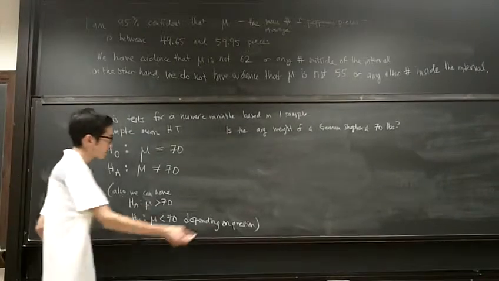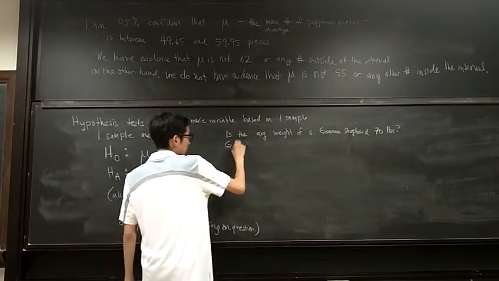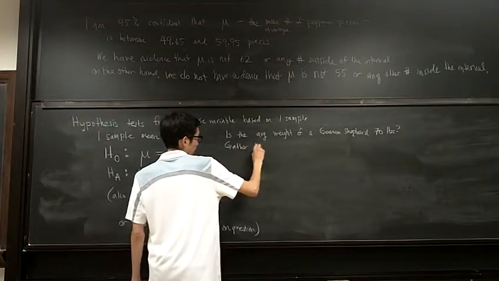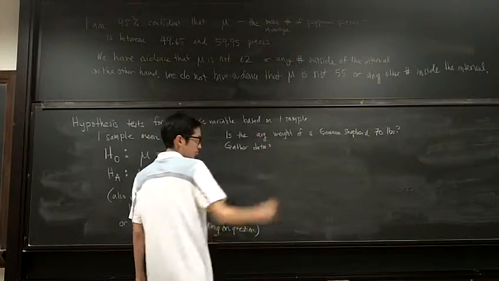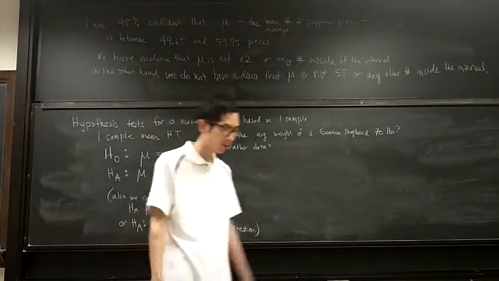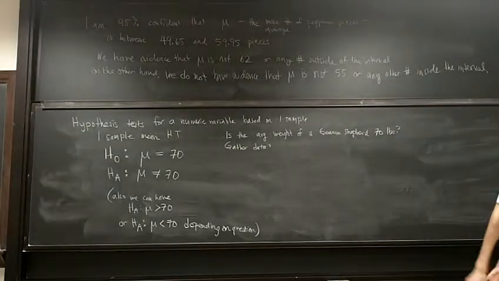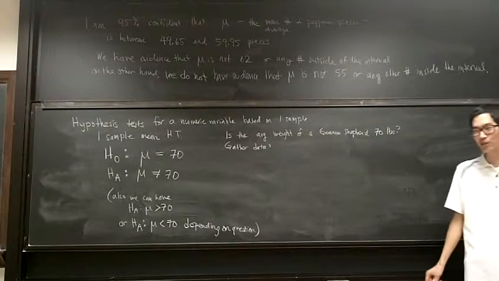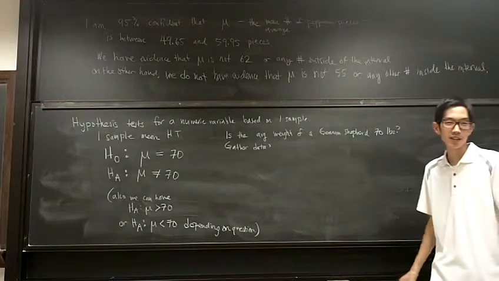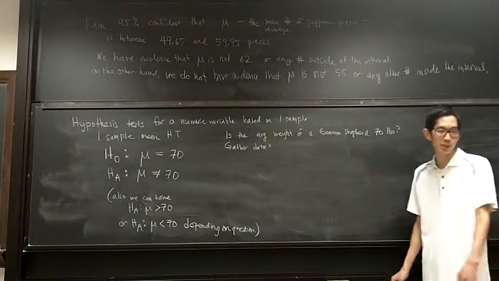So we gather data, okay? All right, so let's just make up some numbers together. To do this, we gather a random sample of German Shepherds somehow. How many dogs did we look at?